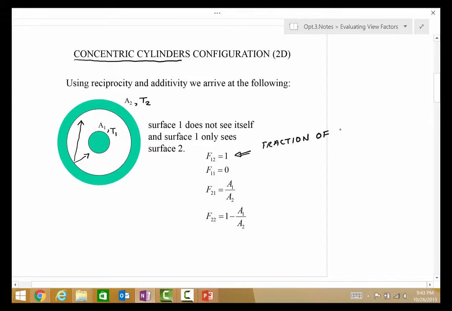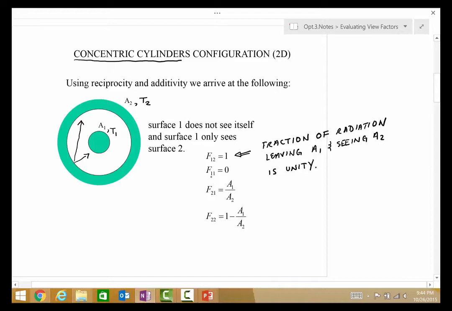So that's pretty clear. Let's just write this down: the fraction of radiation leaving 1 and seeing 2 is unity. So all of it sees surface 2.